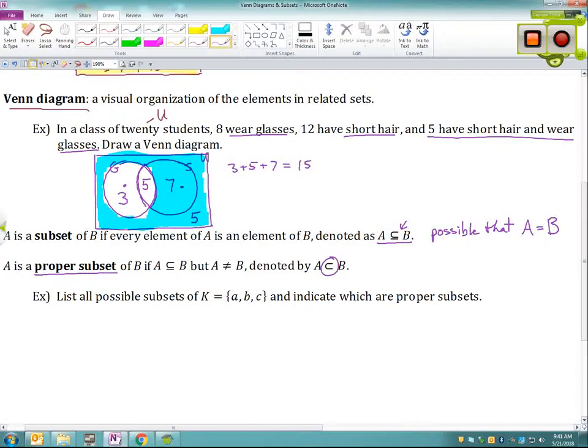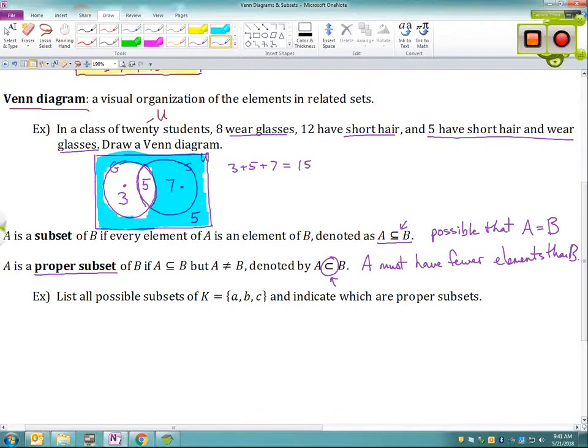So here, if you notice, it is missing the bar underneath saying that it could possibly be equal. So here they cannot be equal, okay? So A must have fewer elements than B. All of the elements in A have to be a part of B, but they cannot be exactly the same to be a proper subset.